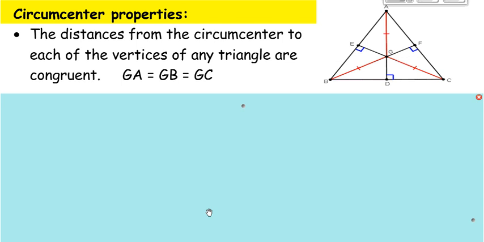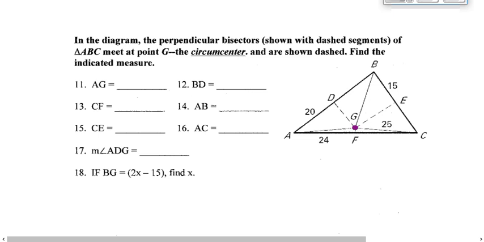I know that the distances from the circumcenter to each of the vertices are congruent. So I'm going to use that information to answer the question, and label it because that's what I know right now.